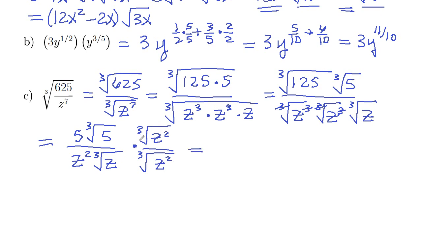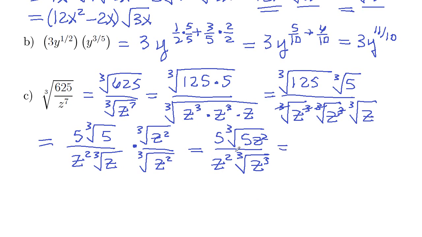And now multiplying straight across, these are both cube roots, so we can multiply them underneath the cube root. So this will be 5 cube root of 5z squared. And then in the denominator, again, we can multiply those underneath the cube root. So we got a z squared out in front. Cube root of z times z squared is z cubed.